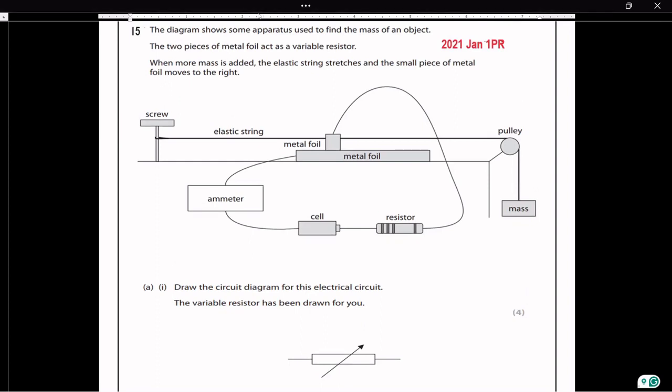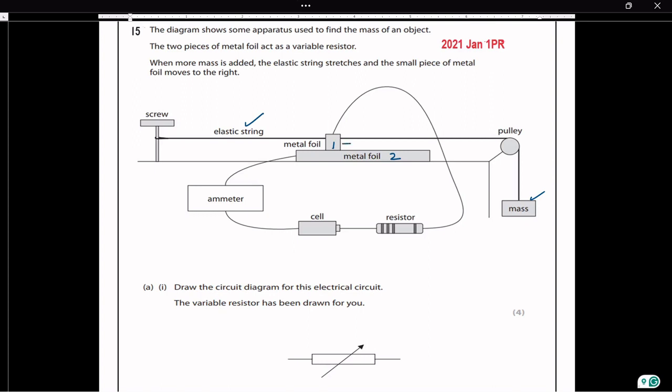They are telling that there are two metal foils, this is metal foil piece 1 and this is metal foil piece 2. When more mass is added, the elastic string, you can see there is a pulley and masses, you can add masses here. When more masses are added, the elastic string stretches, and the small piece of metal foil moves to the right.